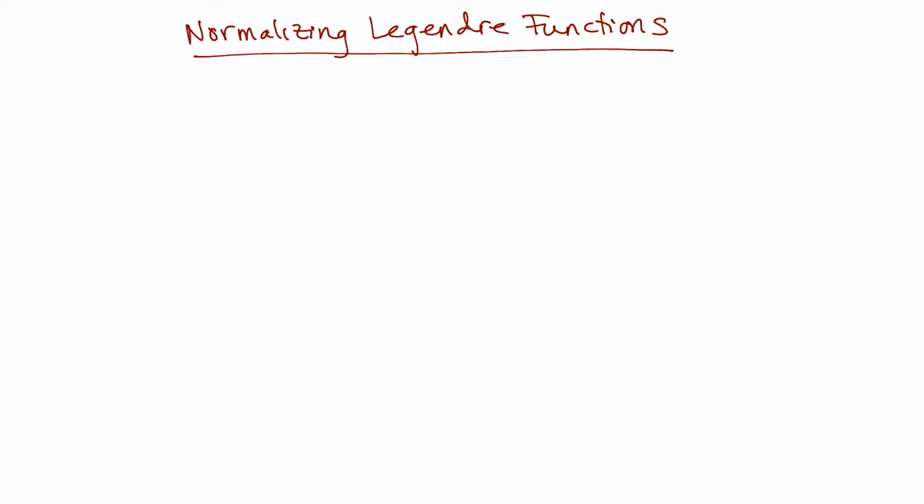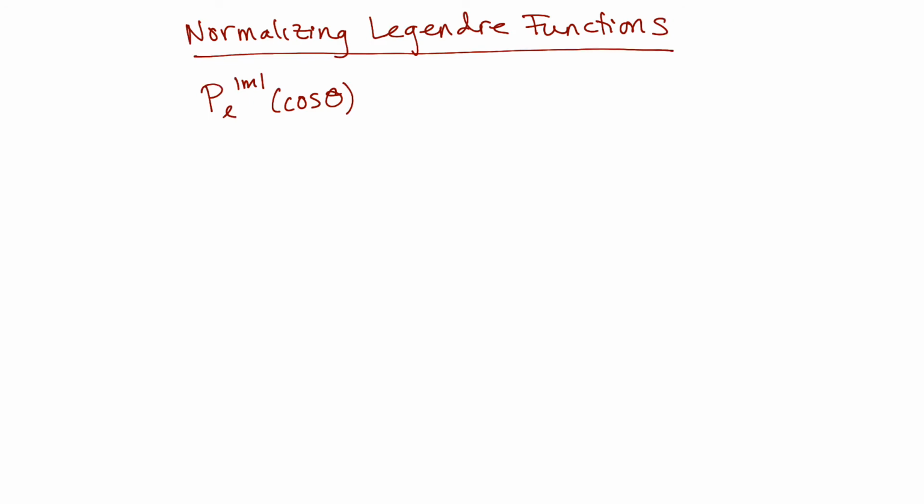Okay, so now we're going to normalize the Legendre functions. We'll use the general form of our Legendre function, P sub l to the absolute value of m, and we know that they are functions of cosine theta.